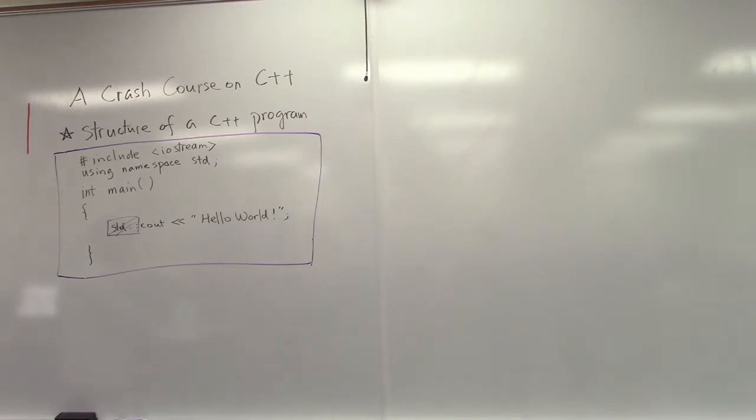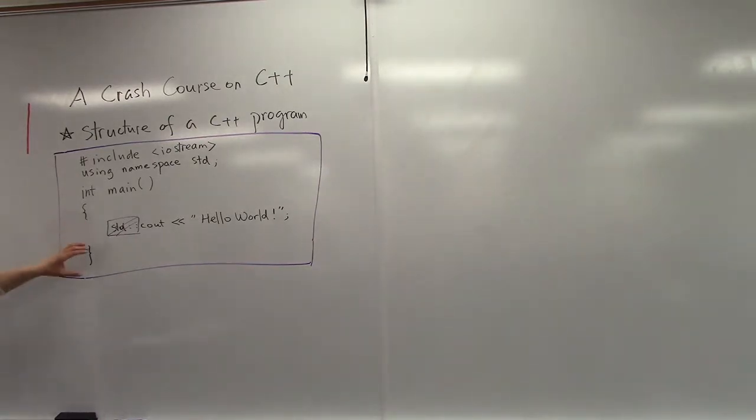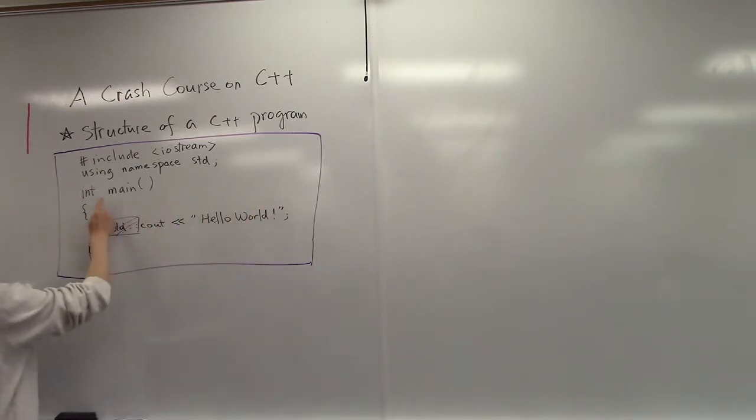So this is a basic structure of a C++ program, and of course, any practical C++ programs will be much more complicated than that. But the main idea is that here is the body, okay, and you have some directives, and then you have a main function. That's the basic structure.